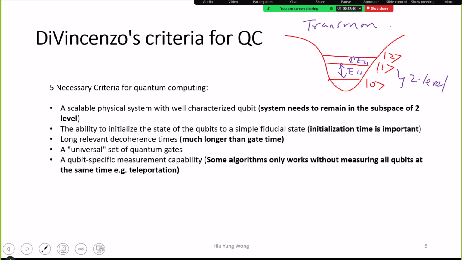We just wait for a long time, then the excited state will go to the ground state. Or we can use active reset, where we measure it. If it is at 1, we apply a pi pulse, a rapid oscillation, to bring it to the 0 state. If it is 0, then we don't do anything. That will help us to initialize the qubit.